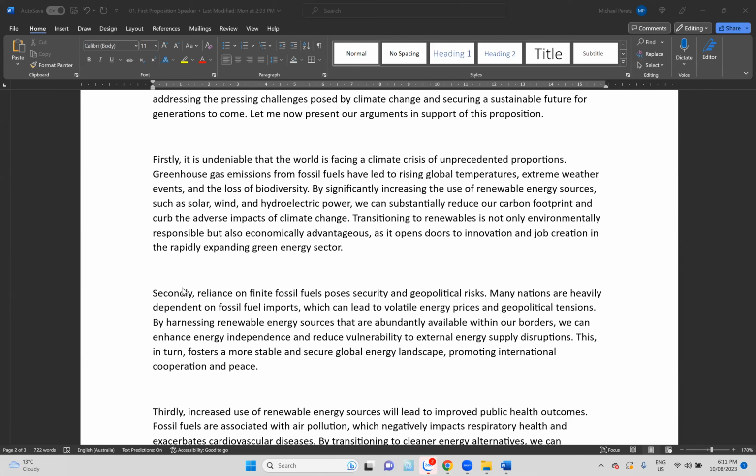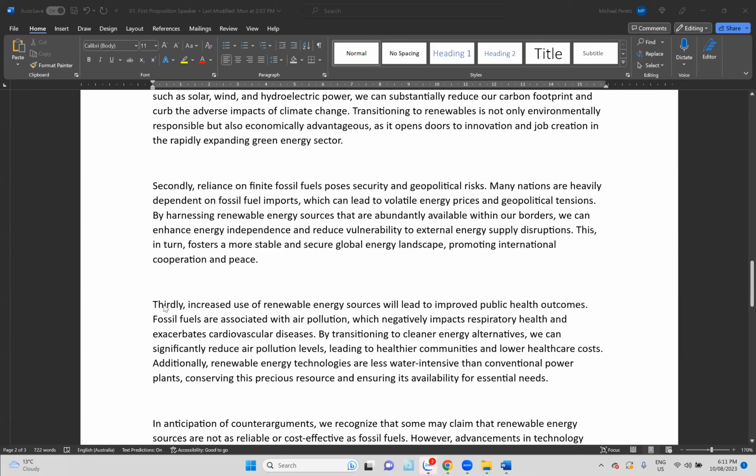Next, our second argument is national security and making sure that we have a stable source of energy. So we've given our second argument. And again, it goes through a teal paragraph. Next, we've got our third argument.